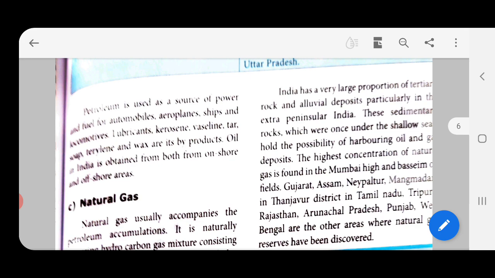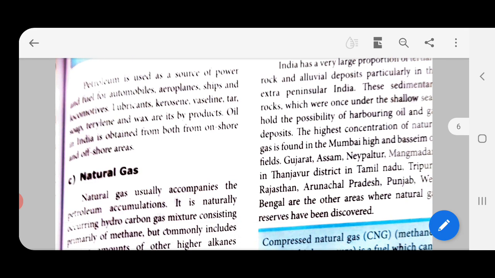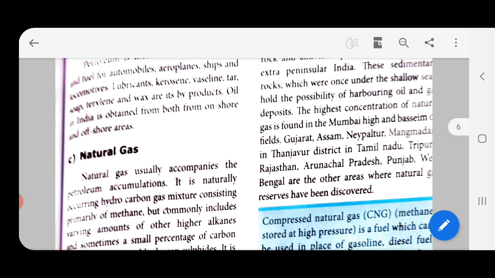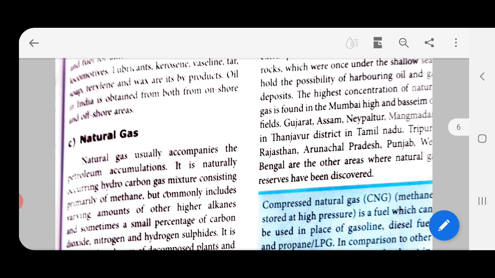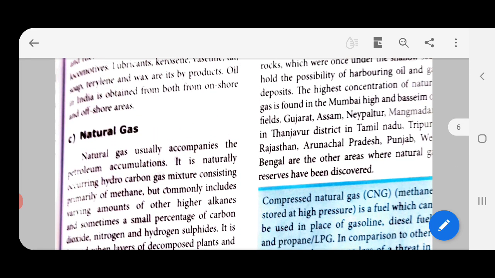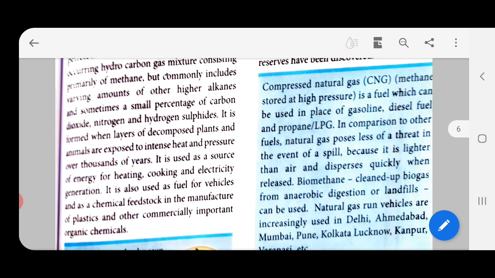The highest concentration of natural gas is found in Mumbai High and basin fields, Gujarat, Assam, Neithalur and Mangadam in Thanjavur district in Tamil Nadu, Tripura, Rajasthan, Arunachal Pradesh, Punjab, West Bengal and other areas where natural gas reserves have been discovered. So these are the places where you are able to get natural gas.